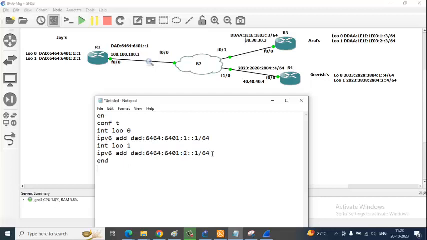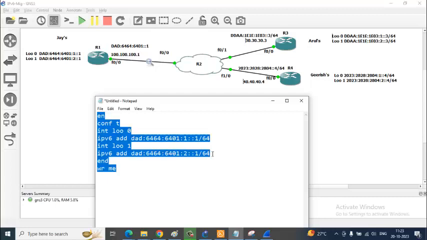End, write to memory. I'm going to put this on router 1.